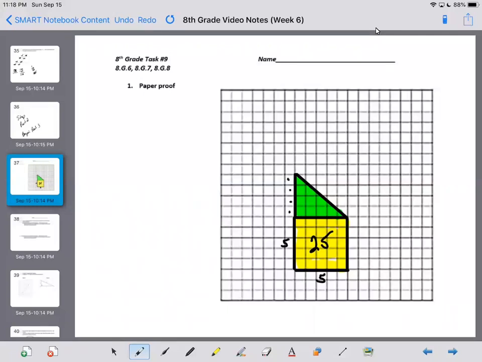So we're going to create a 4 by 4 square and compute its area. So this is a 4 by 4, so that area would be 16 square units. Together we have 16 and 25, so that should be 41 square units.